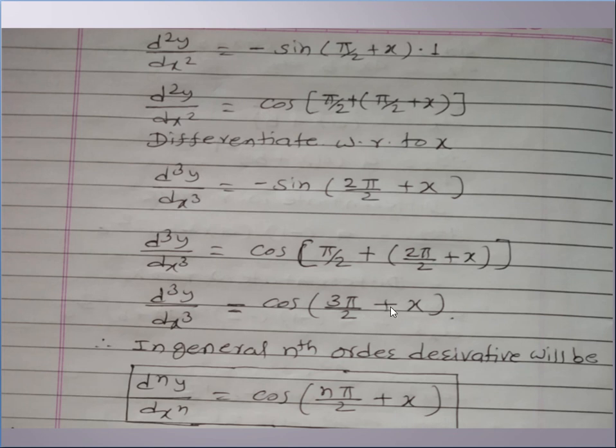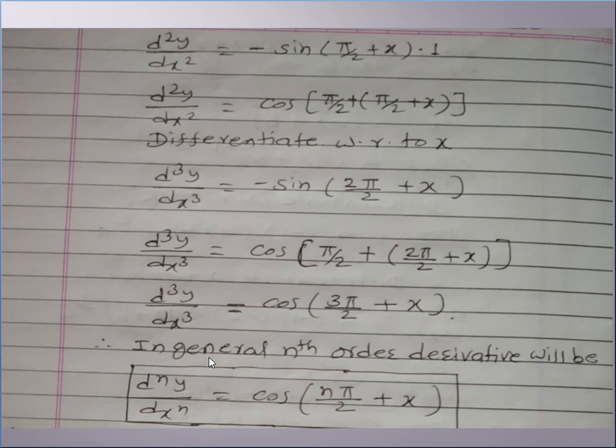Now similarly, if we find the derivative of fourth order, that is d raised to 4y upon dx raised to 4, we get cos of 4 pi upon 2 plus x. Now observing this, we can write the nth order derivative of the given function.